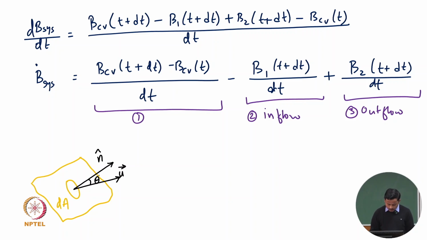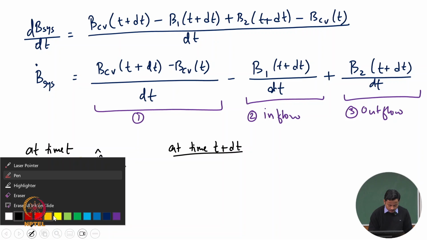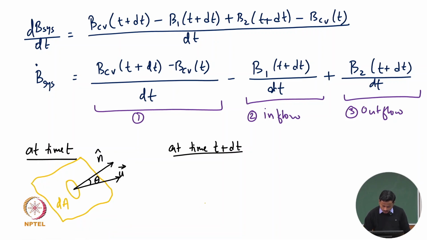So now after some time, at time t we have this configuration. At time t plus dt, what happens is there is an extruded cylinder. This is an imaginary cylinder, of course.